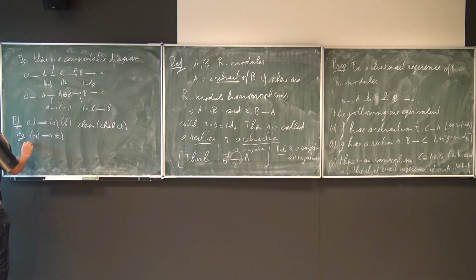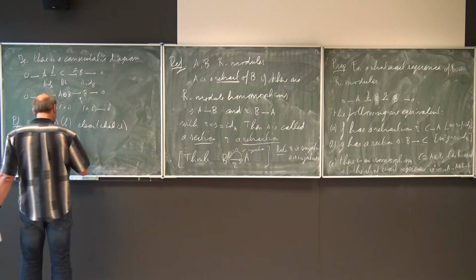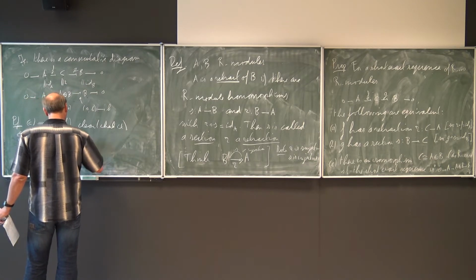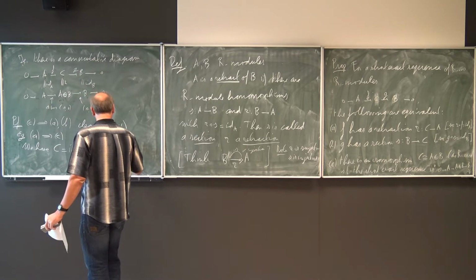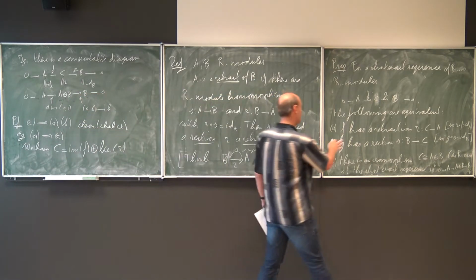I claim that C is going to be the internal direct sum of the image of f and the kernel of this retraction r that we've been given.